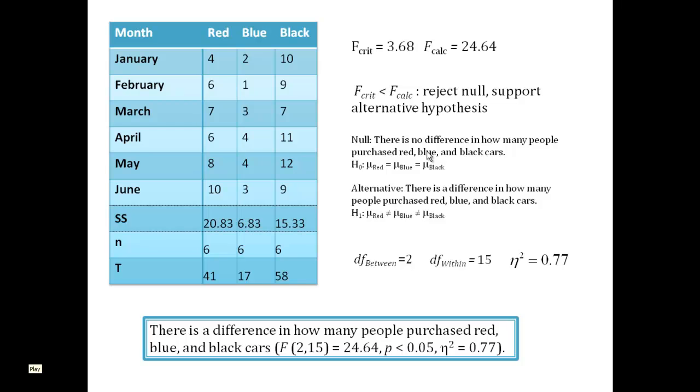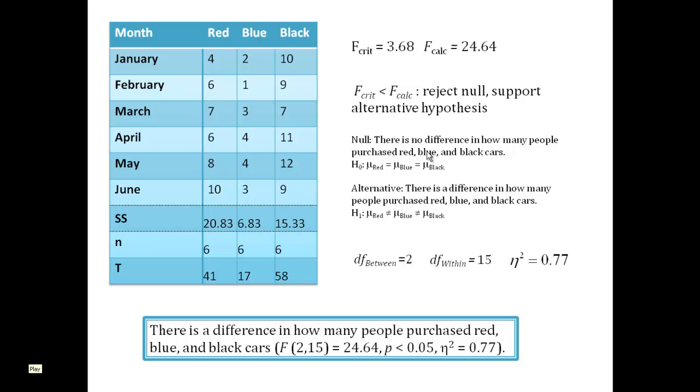And some of you may be saying, well, we want to know which kind of car is purchased more than another kind of car. And if you want to know that, then you're going to need to do a post hoc test, which we will not be covering in this video. And so if the managers of this dealership came to us and said, we want to know whether we should get more red, blue, or black cars, we, on the basis of this analysis, could not tell them that.